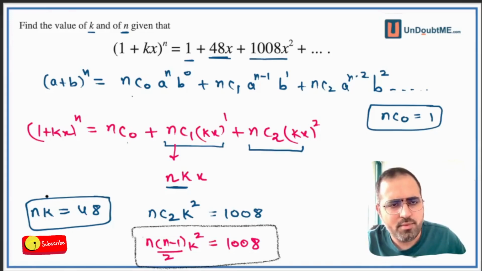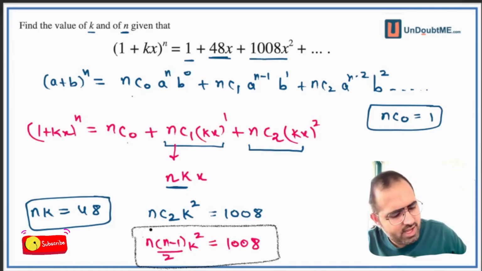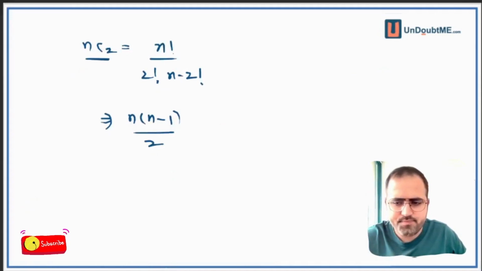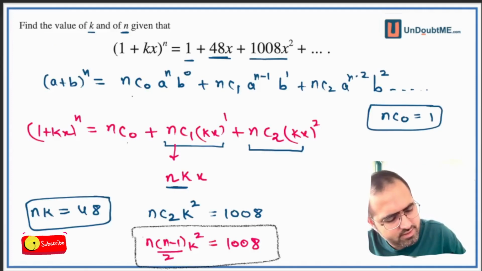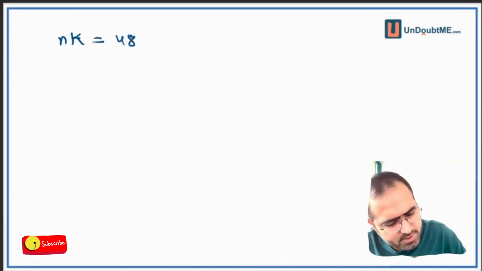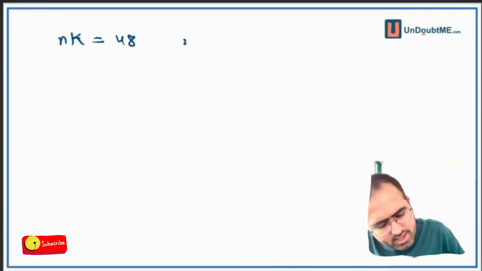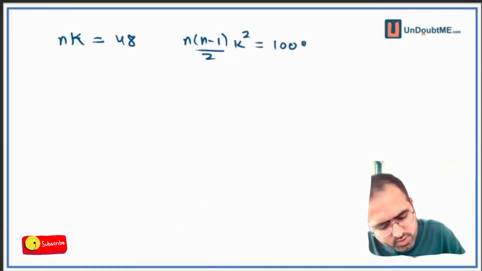Now from here I can just divide both the equations. When I divide both the equations, I will get one more result, which I will write on the next slide. The results we have are nk is equal to 48 and n(n minus 1) by 2 times k square is equal to 1008.